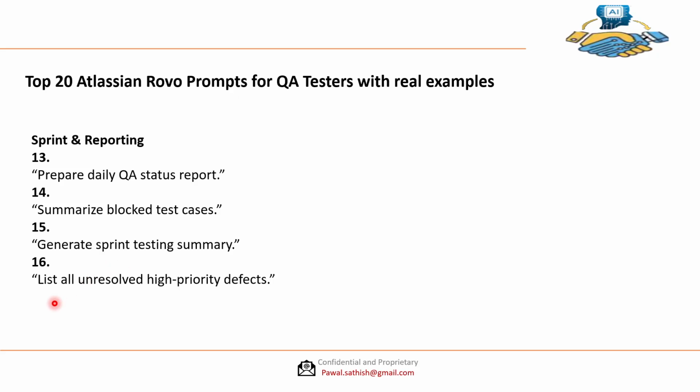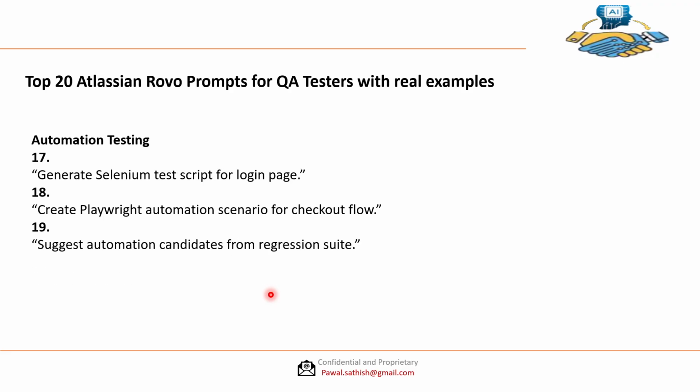Then if you want to find out the high priority defects, instead of writing a query, we'll simply ask Rovo: list all unresolved high priority defects. It will give all the high priority defects list.